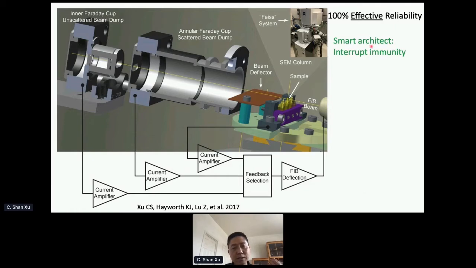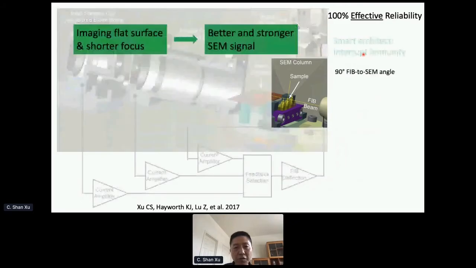Besides the architecture change, there's a long list of packages and features which I won't have time to go into detail, and they're all published. If you're interested, we can talk offline. Just to highlight a few of them. First, we repositioned the FIB column to be at 90 degrees, so that it provides better and stronger signals so we can image faster.